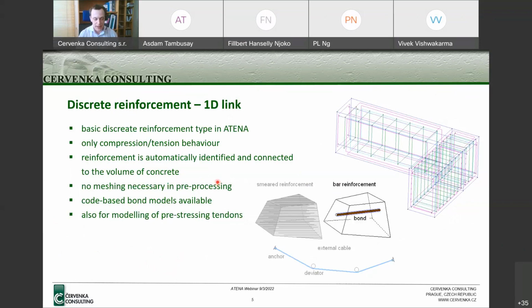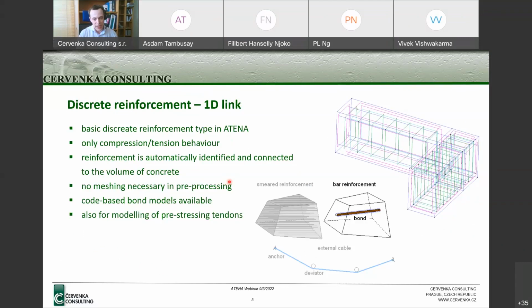Those 1D elements are the basic reinforcement type in ATENA. As I mentioned, they only work in compression and tension. They cannot transfer any shear forces or bending behavior.